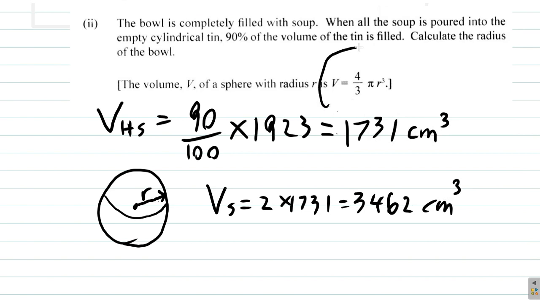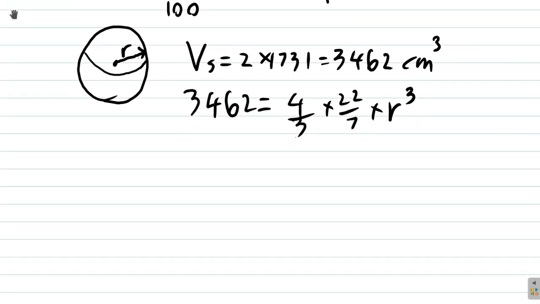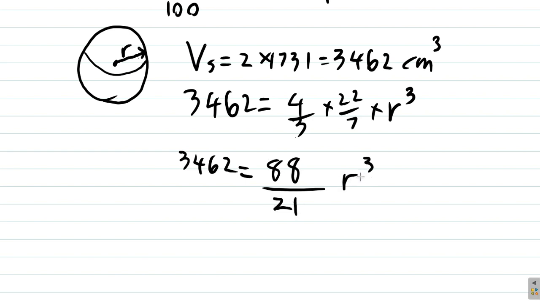So we can apply this formula now for the volume of the sphere. 3462 is equal to 4/3 pi, they said to use 22/7, times r cube. So we have 3462 equals 4 times 22 up top is 88 over 3 times 7, 21, down the bottom, r cube, right?